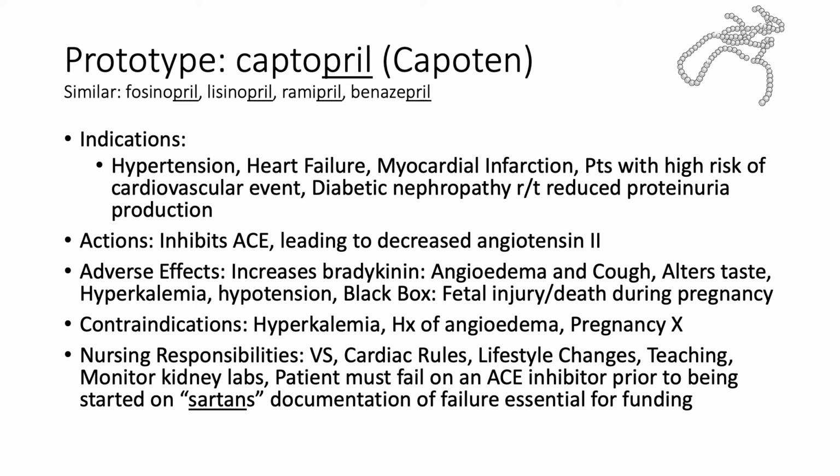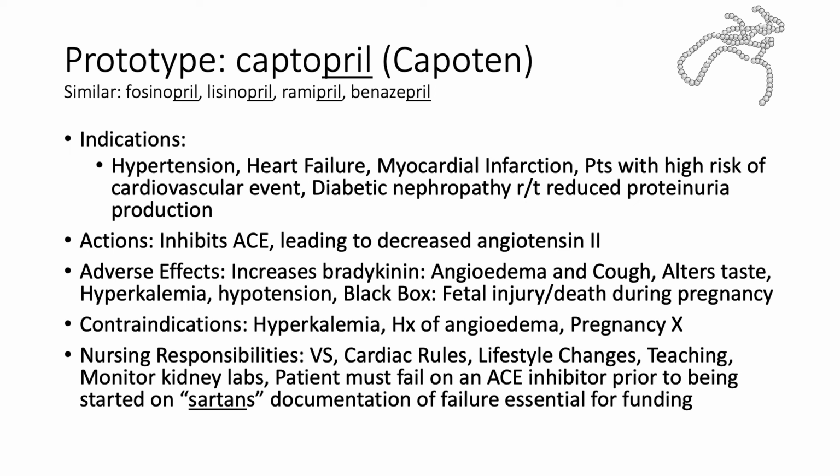And by doing that, if you go to the slide above, you'll see that it blocks a number of things. Because if you're reducing production of angiotensin II, you're also reducing aldosterone secretion from the adrenal gland.